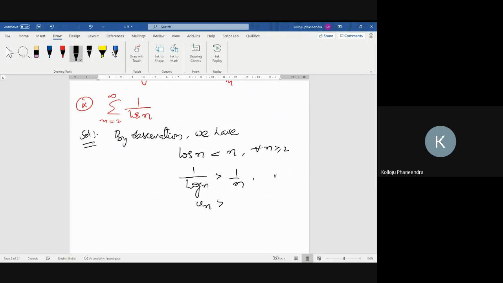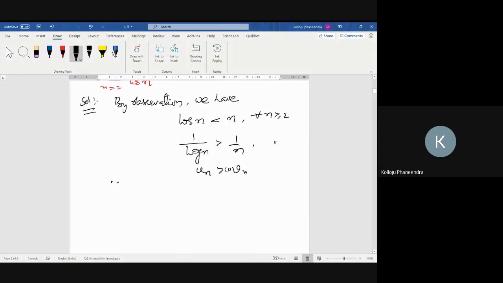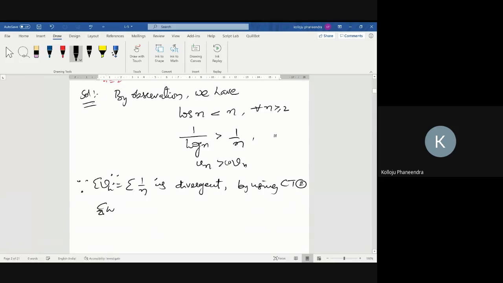This is Un and this is Vn, k value 1 here. Since sigma Vn equals sigma 1 by n is divergent, by using comparison test 2, sigma Un also diverges. Is that clear?